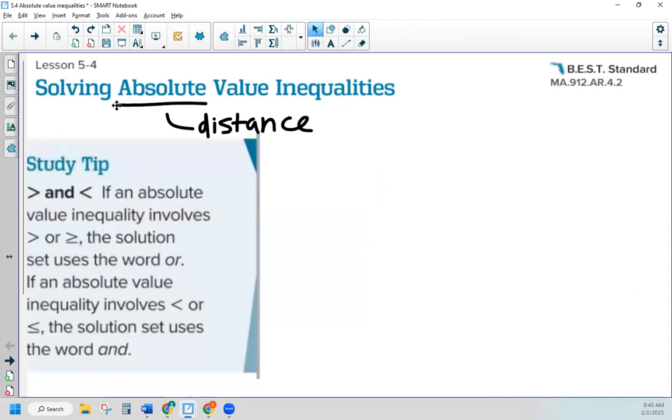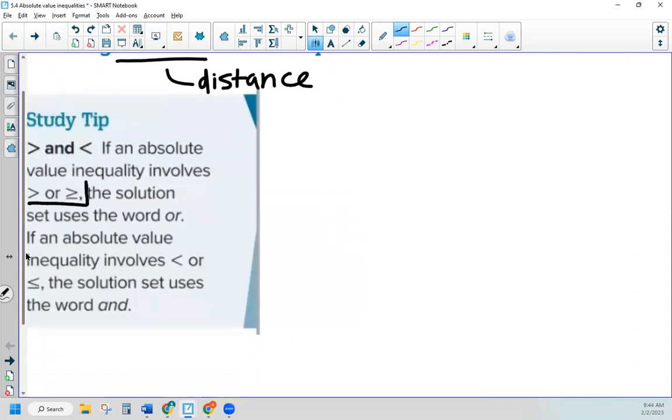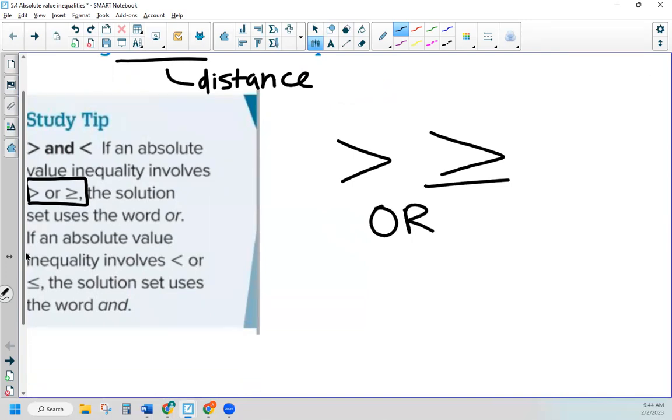Okay. Now let's go ahead and talk about this little study tip. Very, very, very important. Now, in absolute value inequalities, whenever we are using the greater than or greater than or equal to, whenever we are reading this in the original problem, that means that we are talking about or inequalities.